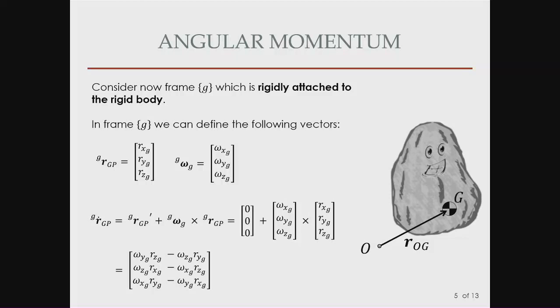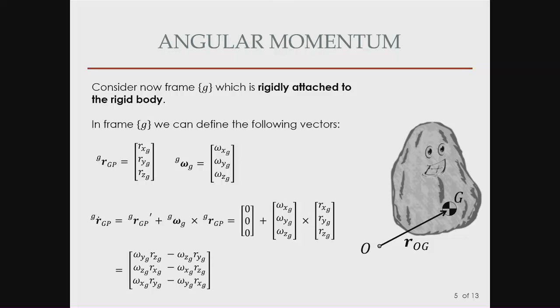What I'm trying to explain is why RGP prime, which is d/dt of rxg, d/dt of ryg, d/dt of rzg, is all zeros.